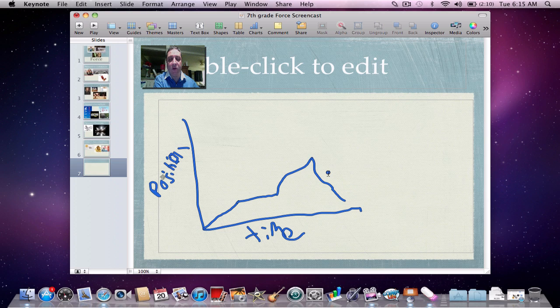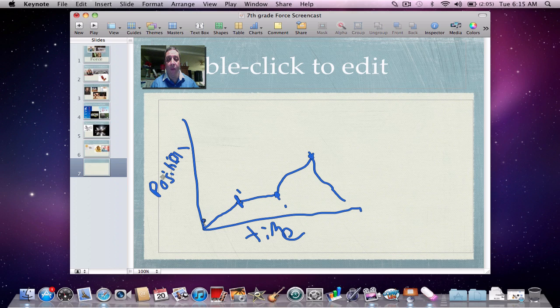What I want you to understand is, if we go back to this graph, anytime there's a change in velocity, that's acceleration. So I go here and I stop, I've changed velocity there. So there's acceleration here. There's a force acting on it here. I change again here, there's a force there. I change here, there's a force there.